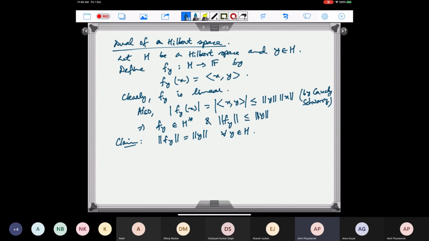We will also show that this is bigger than or equal to. So if y is equal to 0, then F_y is also the 0 functional, right? So in this case, of course, it is true.